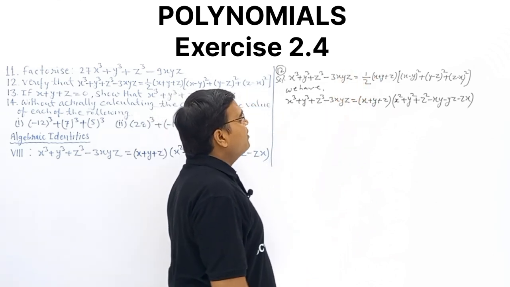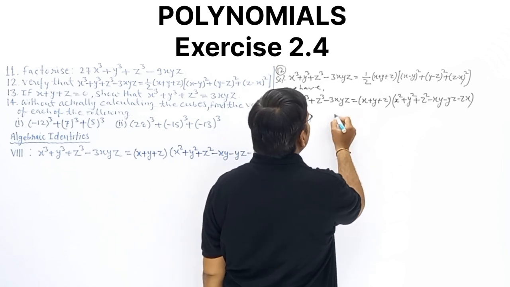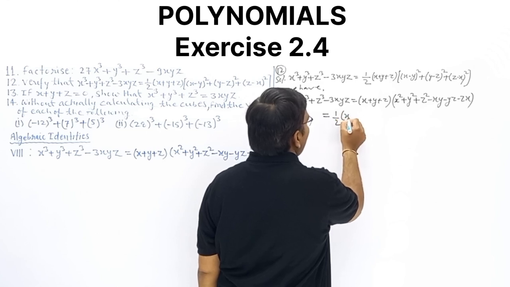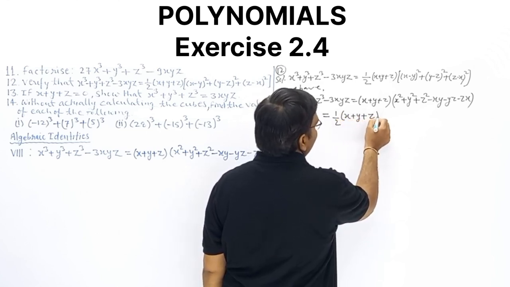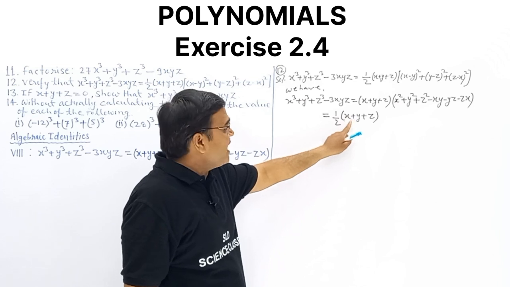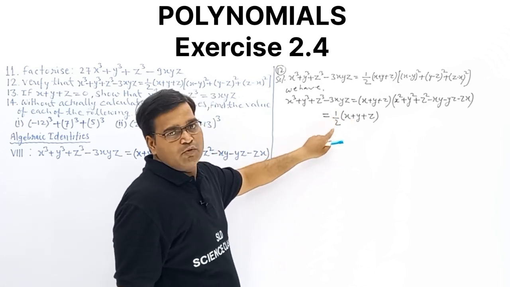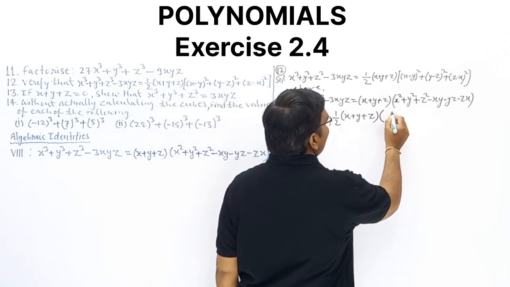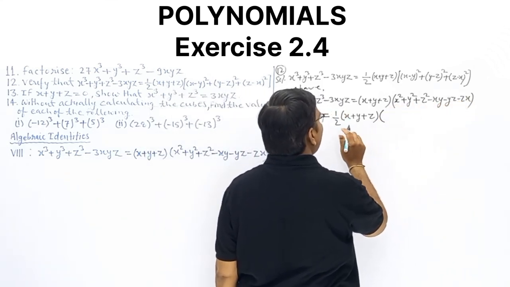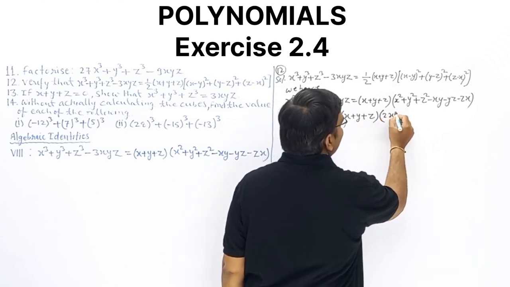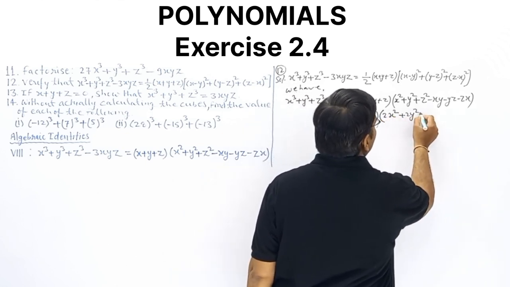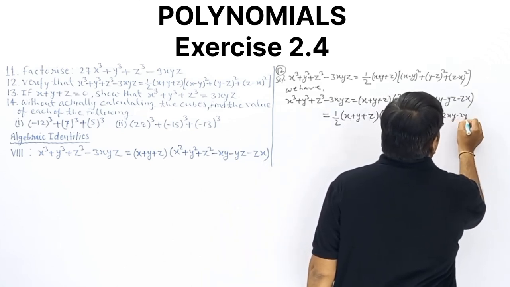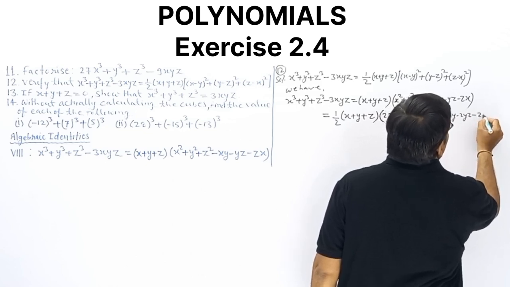How will we convert? Once we multiply and divide, observe, I am taking the right side. 1 by 2 into x plus y plus z. I multiplied by 1 by 2, so we are dividing by 2, so we should also multiply by 2. So now I am multiplying this expression by 2: 2x square plus 2y square plus 2z square minus 2xy minus 2yz minus 2zx.